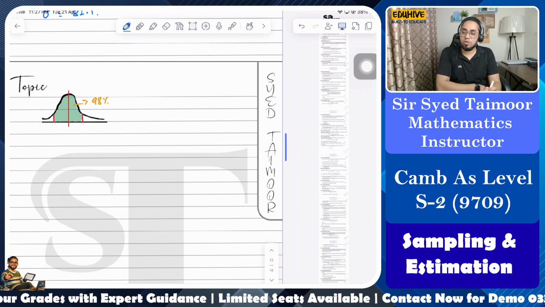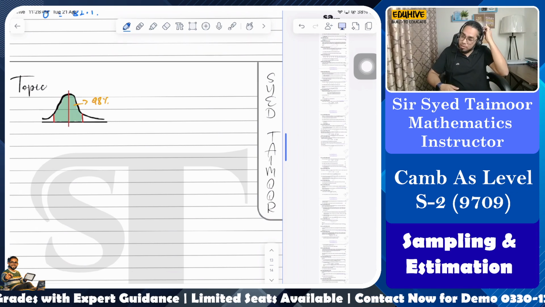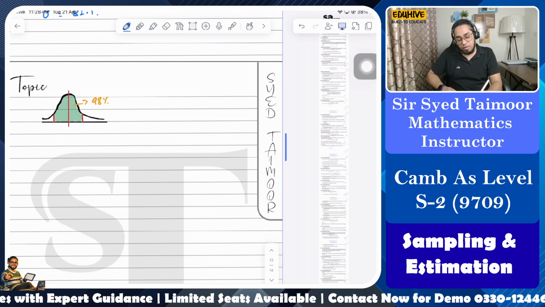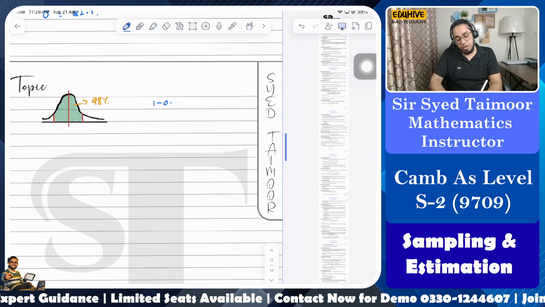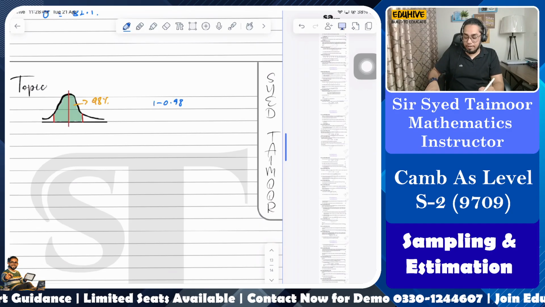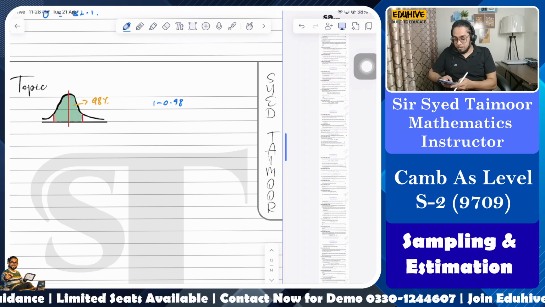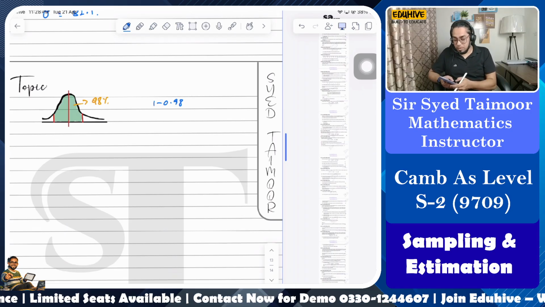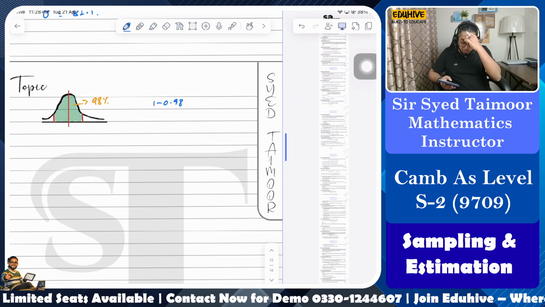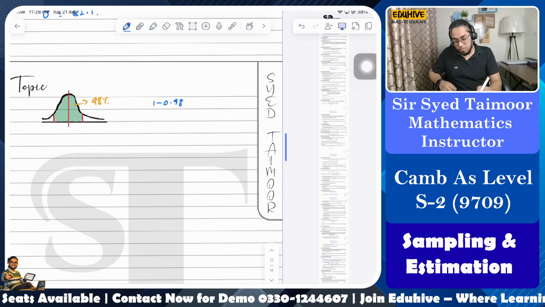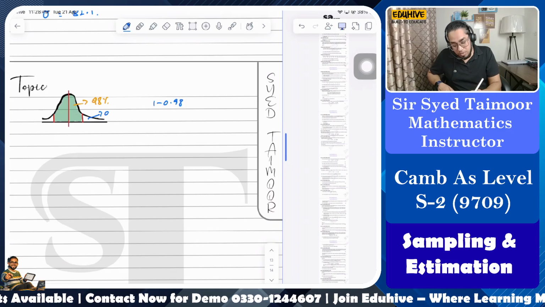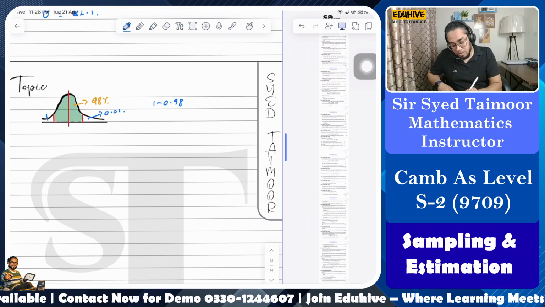98%. So the value of z must be 1 minus 0.98. What are you getting? 0.01 and 0.01.